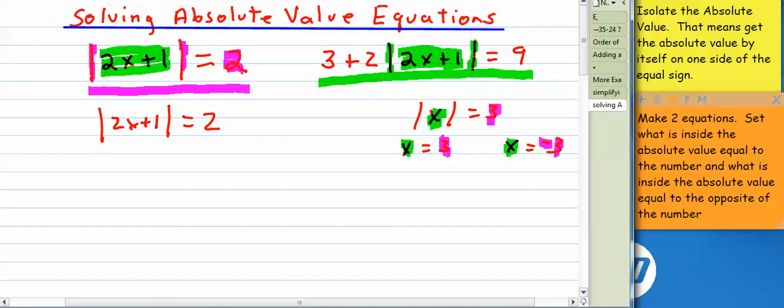We take what's inside the absolute value, 2x plus 1, and we make two equations. 2x plus 1 equals, we take what's inside this, and we put it here, and we put it here.